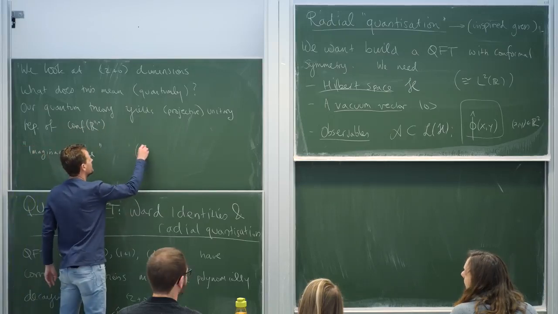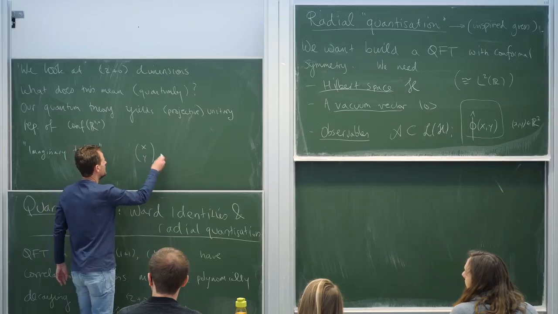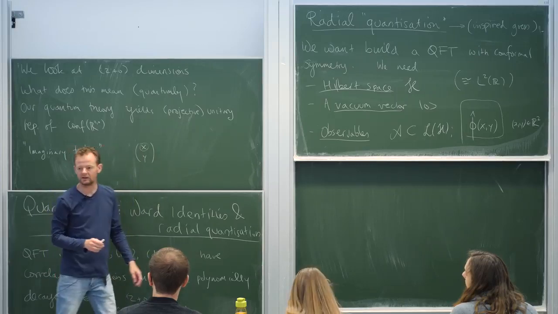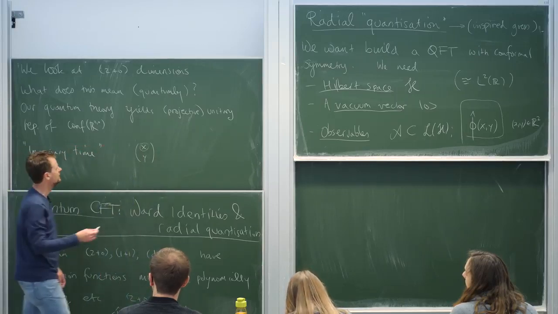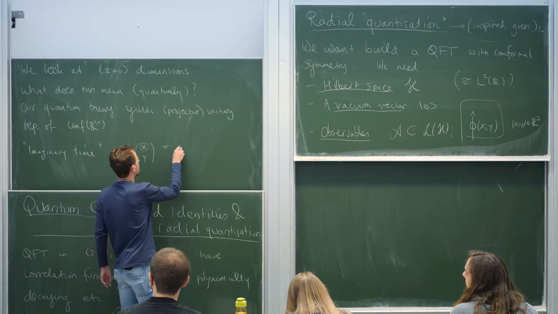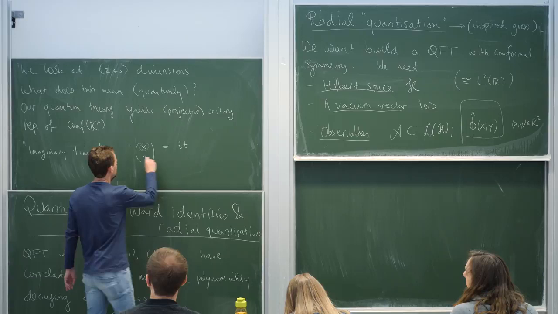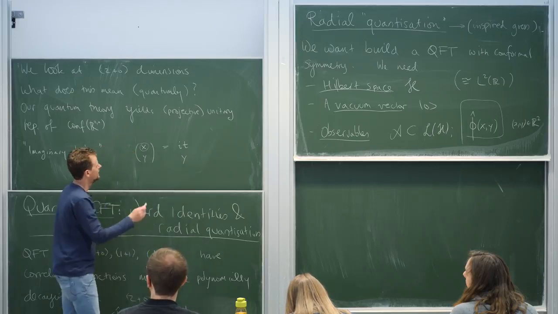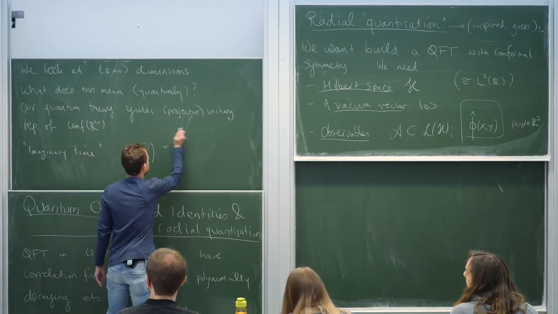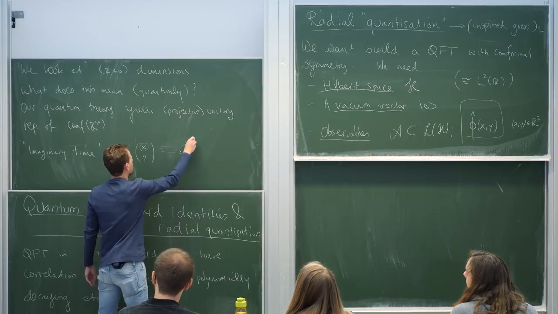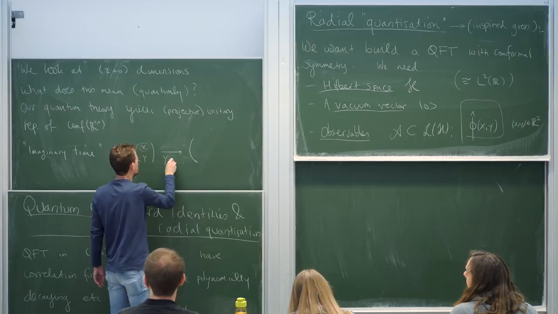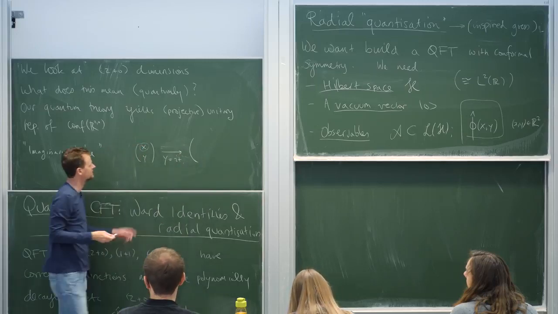So if you let, say, that coordinate x be i times some other coordinate t, and we leave y alone. Actually, it's probably nicer to change this.